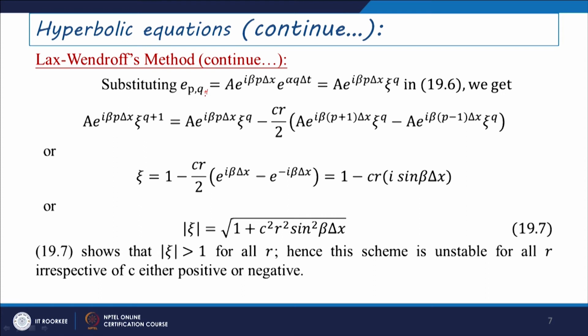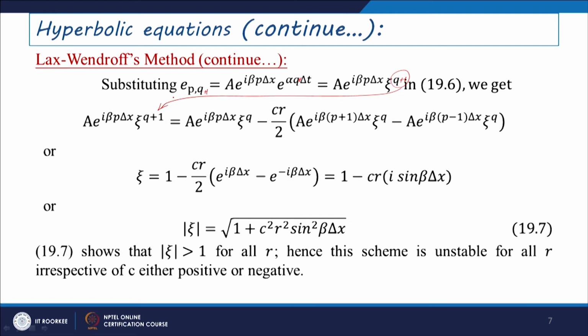So, if q is replaced by q plus 1, we can replace it here as q plus 1. So that is why we are writing this one as a e to the power i beta p delta x zeta to the power q plus 1, which is nothing but this term here. Similarly, we are writing our E p q term directly as this term here.